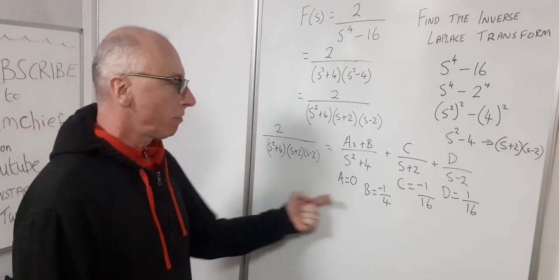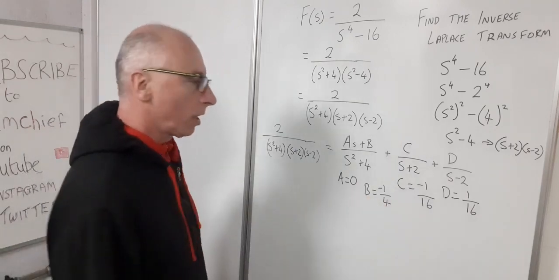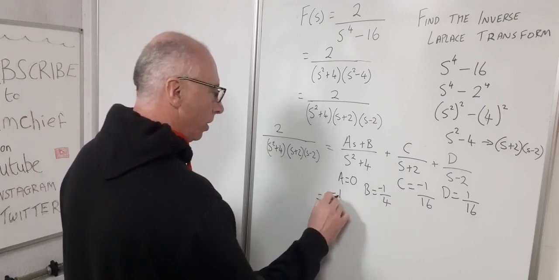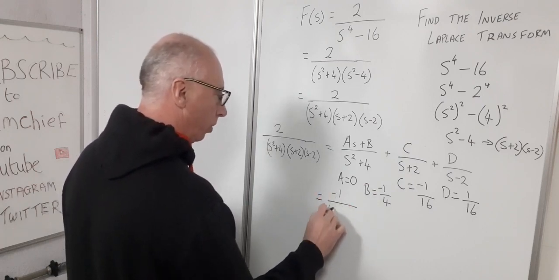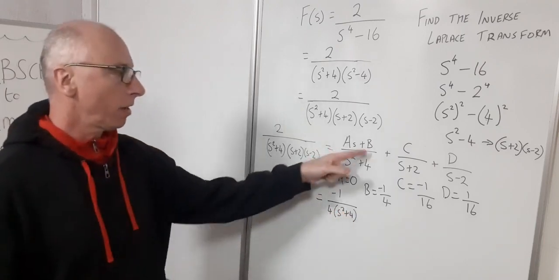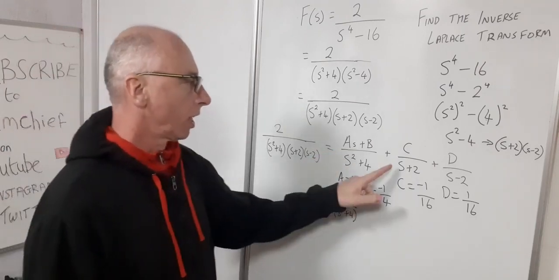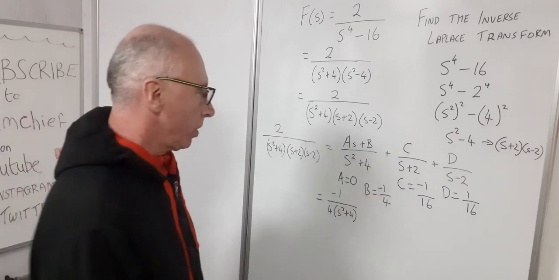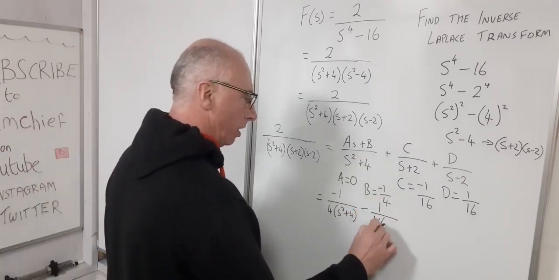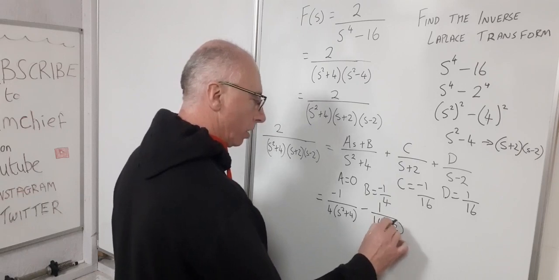Okay, so now let's rewrite that with our partial fraction decomposition result. So now we've got minus 1 over 4 times s squared plus 4, since A is 0 and B is minus a quarter. Here we've got C is minus 1 over 16, so minus 1 over 16 times s plus 2.